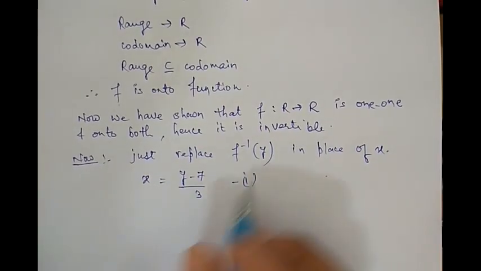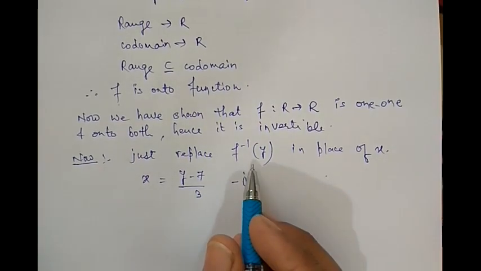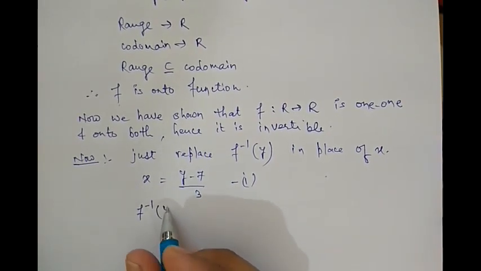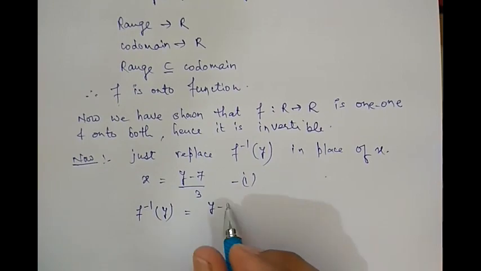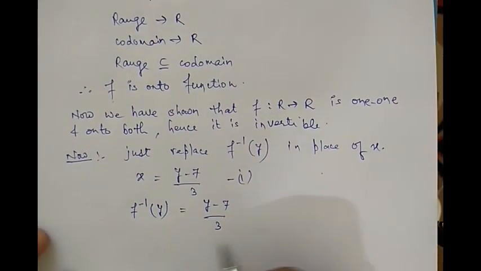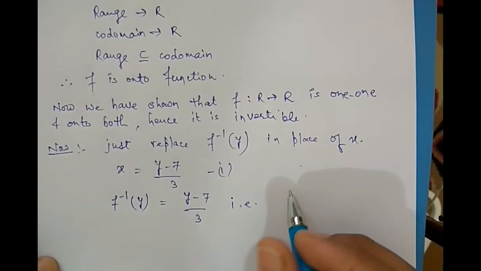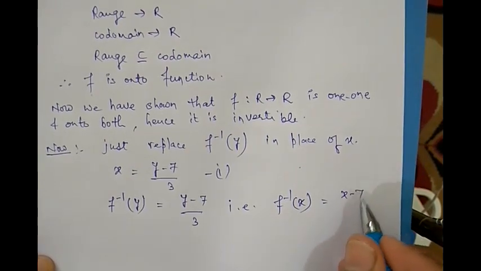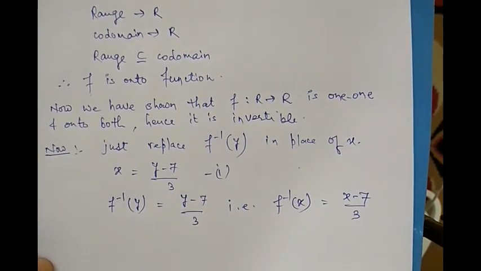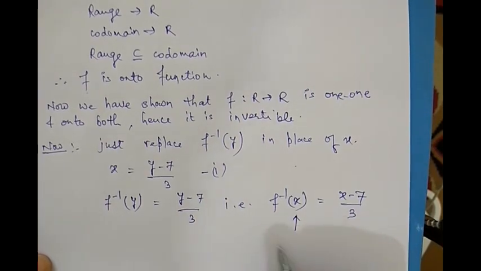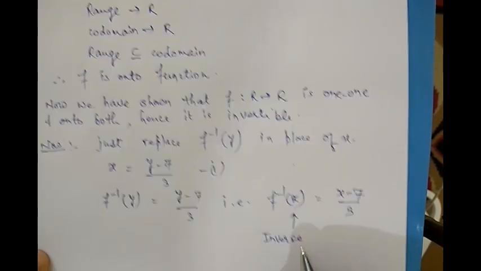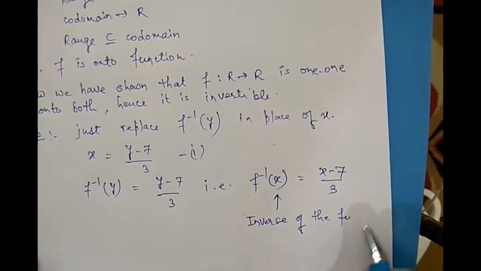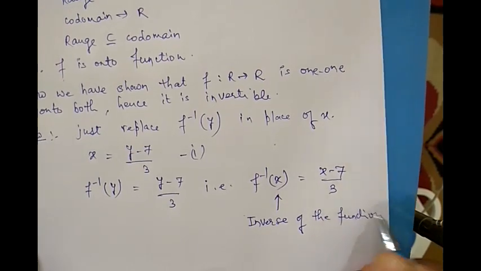Now substitute f inverse of y in place of x. So this will become f inverse of y equal to (y minus 7) by 3, that is f inverse of x equal to (x minus 7) by 3. This is the inverse of the function.